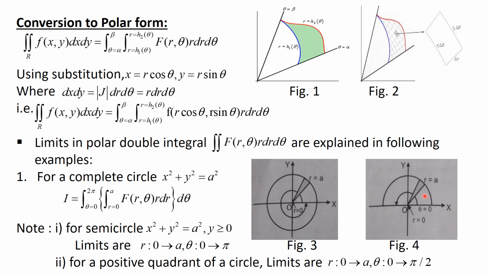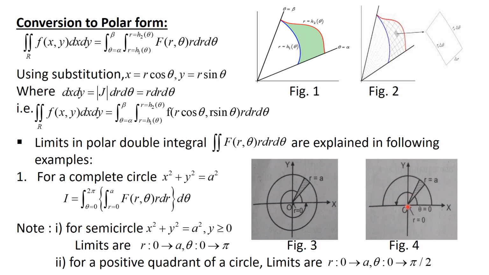Instead of considering the complete circle, suppose we consider only the upper region, x square plus y square equal to a square, with y greater than or equal to 0. Y greater than or equal to 0 means this region, the first and second quadrants, which is the semicircle with center at origin and radius a.